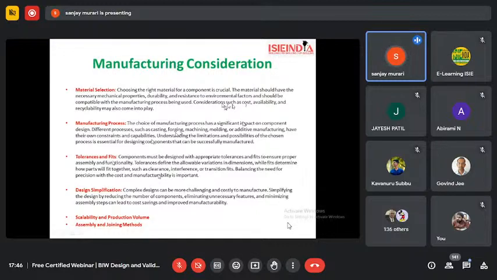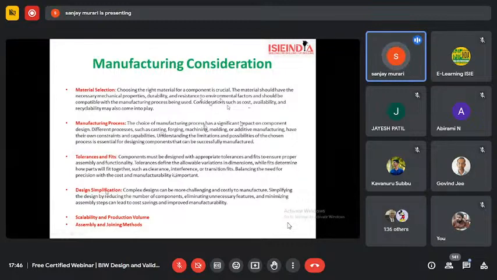Otherwise, if imbalance occurs, then interference, transition fit or clearance fit may come, and because of that the vibration may increase, or some excessive load may come onto the other assemblies and failure may occur. So we should have that much detailed inspection and quality control.